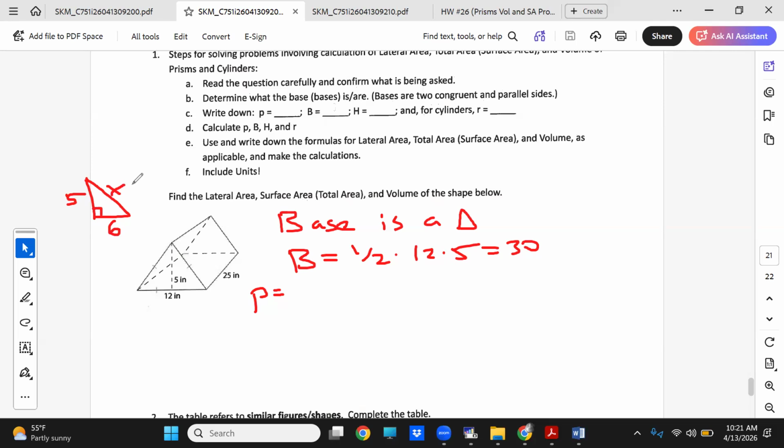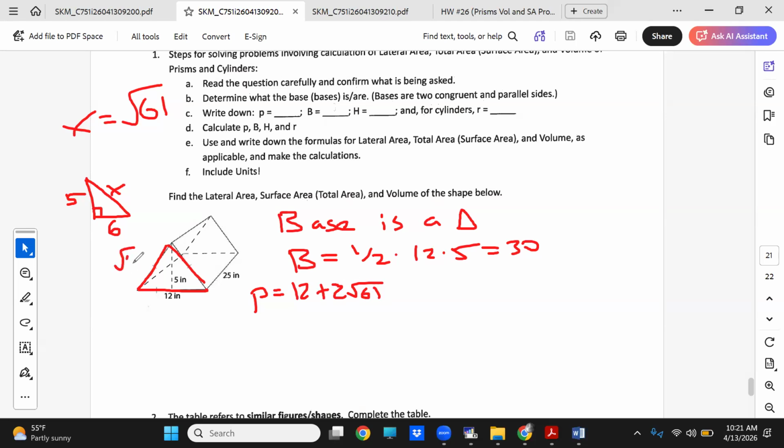It's not a clean number, unfortunately. It's gonna be a root, and so root 55, close. You're doing 25 plus 36. So x is root 61. So it's kind of nasty. So it's gonna be 12 and root 61 twice. So it's 12 plus 2 root 61. Yeah, I wish that was a nicer number.